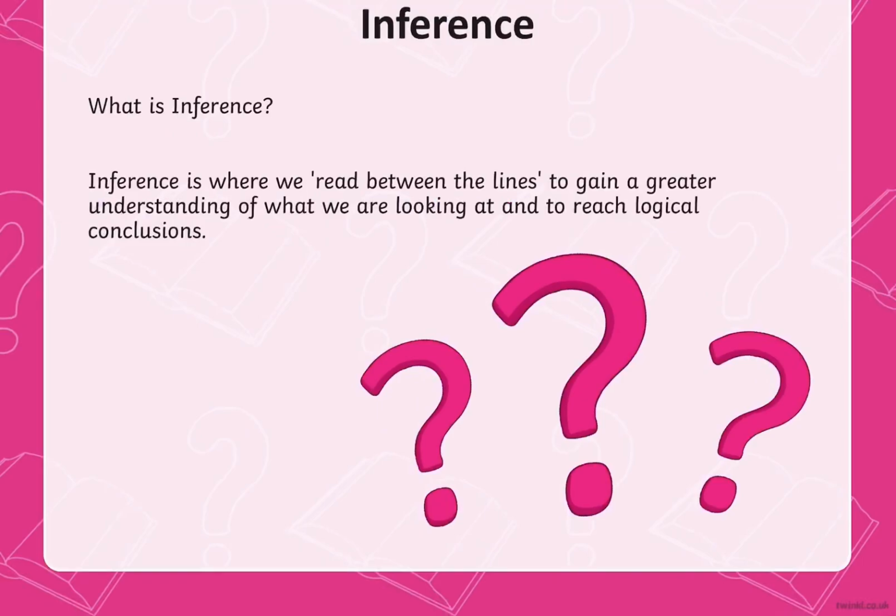It doesn't say Miss Genny was sad, but it may say Miss Genny had a frown upon her face and sighed. From that, it hasn't said that I'm sad, but you can infer it because of my frown and because I sigh.